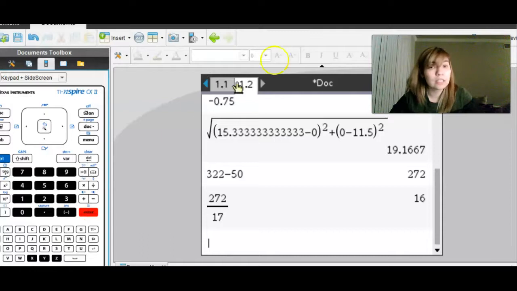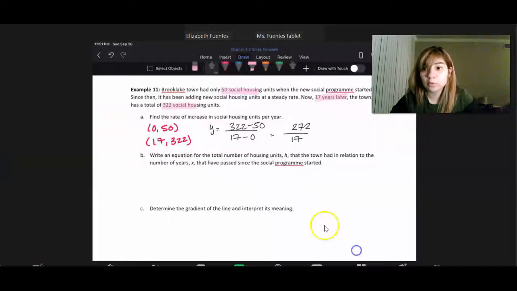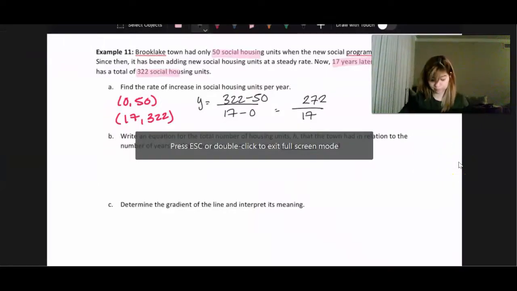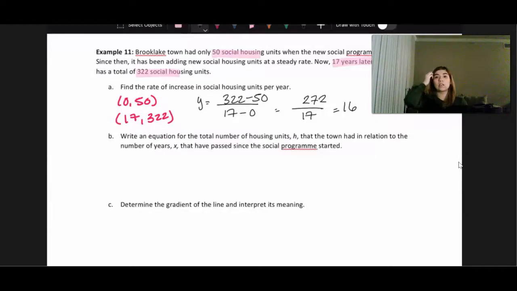And we get 16. Nice. It's an even number. I think it was 16. I already forgot it. So 16. This is my rate of increase. This is also your gradient m. So 16 housing units per year are being created.